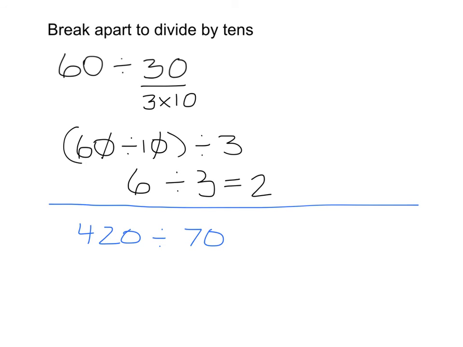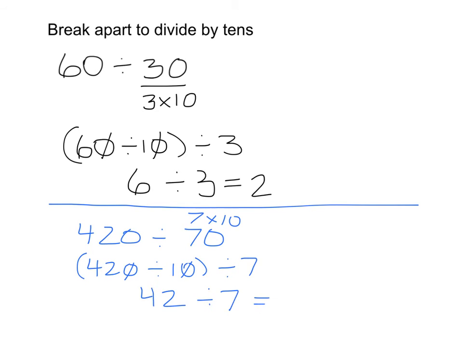In this one, we'll make the 70 be 7 times 10, but to get rid of the 0, we'll take 420 divided by 10 first. That'll let us knock off our 0 and then divide that by 7. So when the 0 is knocked off, the 420 divided by 10 becomes 42. Divide that by 7, we get 6.